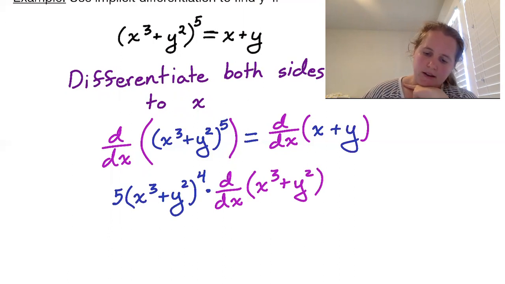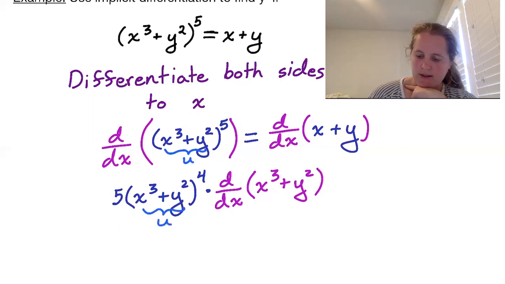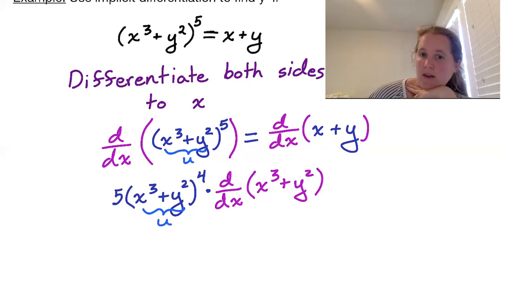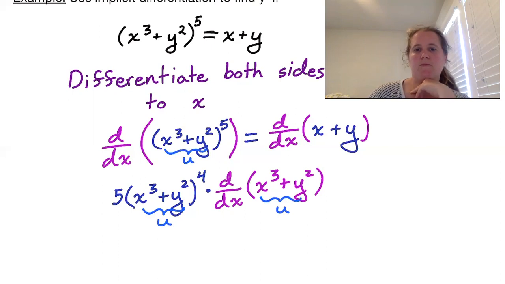Again, this is acting like my u. So taking the derivative of u to the 5th would be 5u to the 4th, and then we're taking the derivative of u.